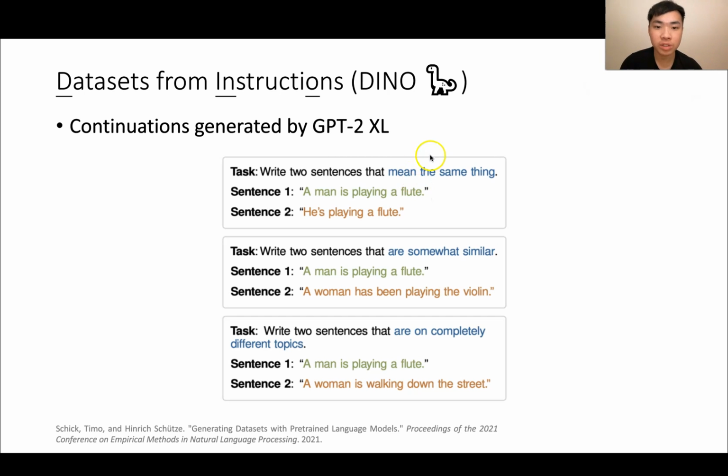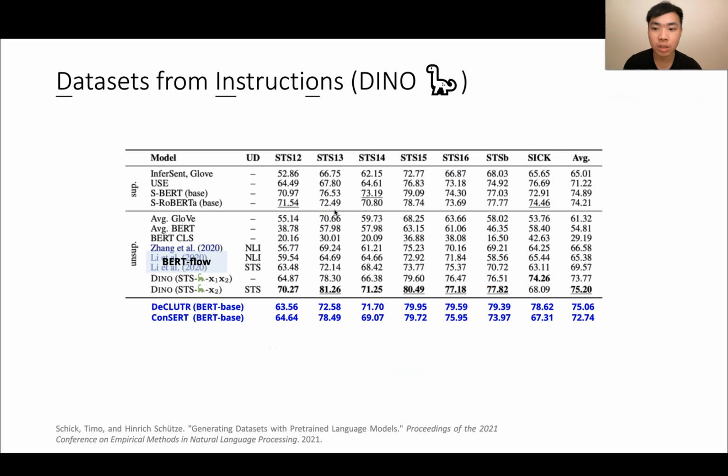They just take an input sentence and generate two different continuations from GPT-2, and use these two different continuations to train the contrastive learning model. Here you can see the result of DINO is even better than DeCLUTR and ConSERT, and also better than BERT-flow. So it shows that it's possible to generate positive pairs with another language model.